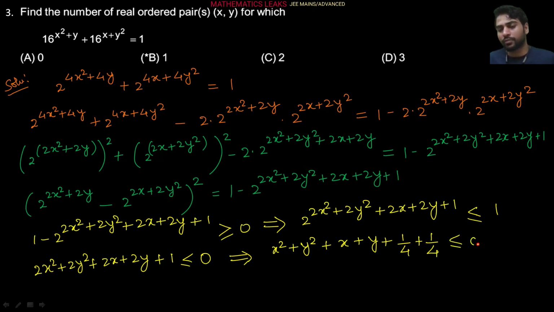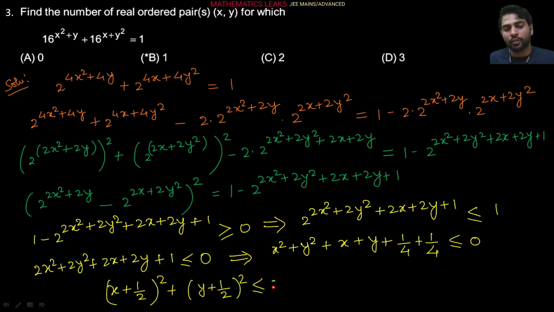Clear? So now x square plus x plus 1 by 4 becomes x plus 1 by 2 whole square, plus similarly y square plus y plus 1 by 4 becomes y plus 1 by 2 whole square, less than or equal to 0.